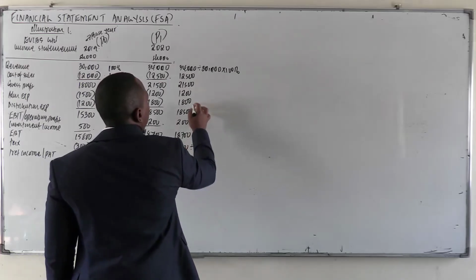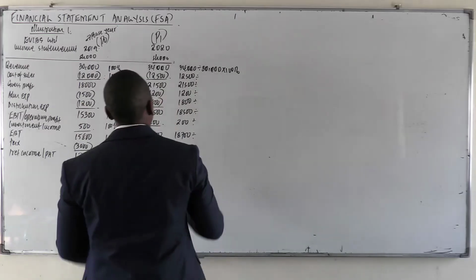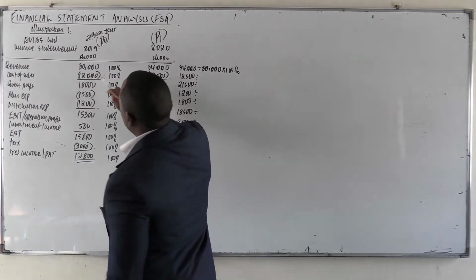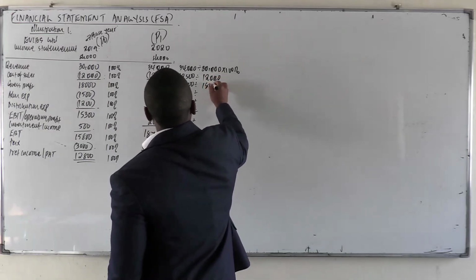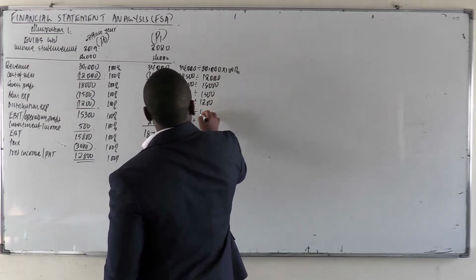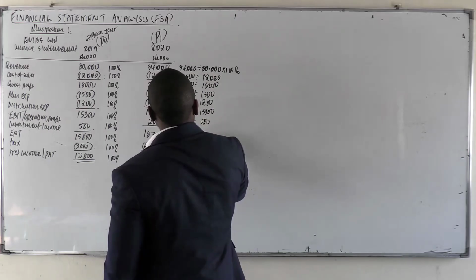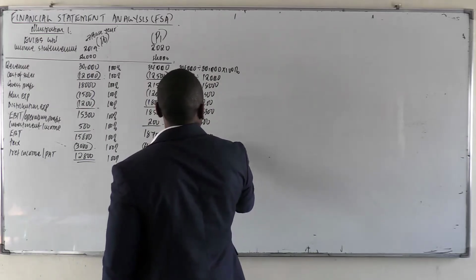Then you express them as a percentage of the base year. The cost of sales for year 2019 was 12,000. This was 18,000, 1,500, 1,200, 15,300. We have 15,800. We have 3,000. We have 12,800.